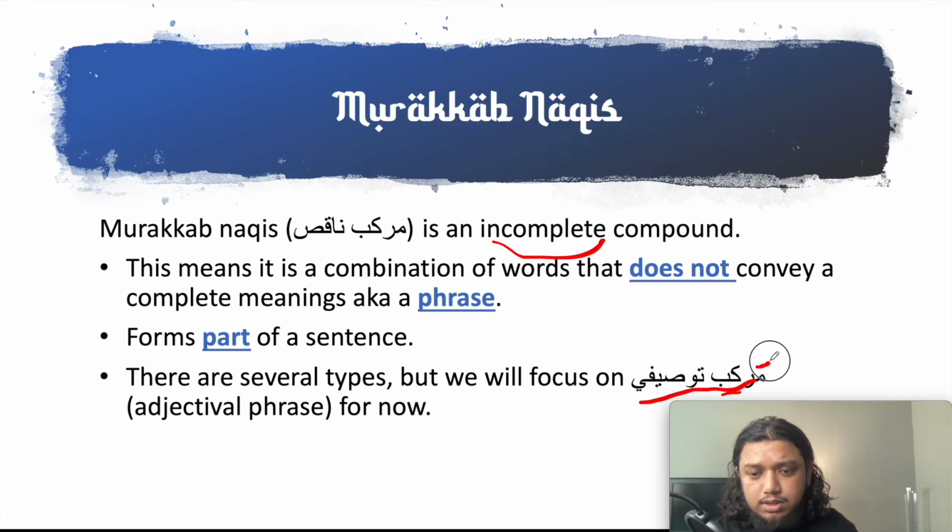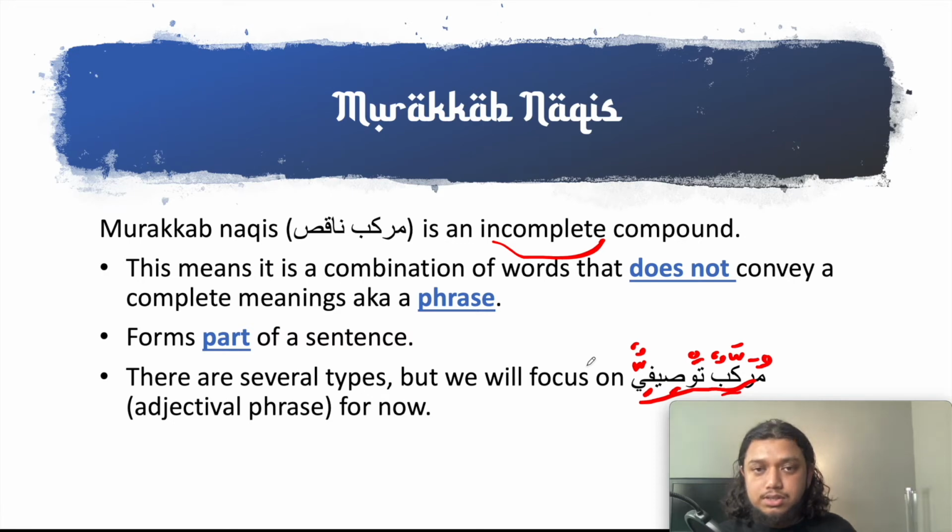If you want to know what the vowel markings are, it is murakkab. So that's how you write murakkab with the harakat on them. Tawsifi. So in this specific example, it will be murakkabun tawsifiyun.